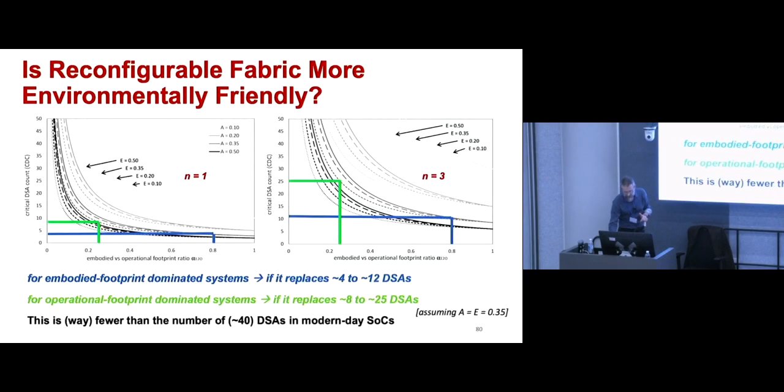So the bottom line, under different scenarios, is that if the embodied footprint is dominating, then if we can replace 4 to 12 DSAs with a reconfigurable fabric, we would end up with a more sustainable design. And even when we are operationally dominated, replacing 8 to 25 DSAs would still be more sustainable compared to having around 40 DSAs as we see them today.